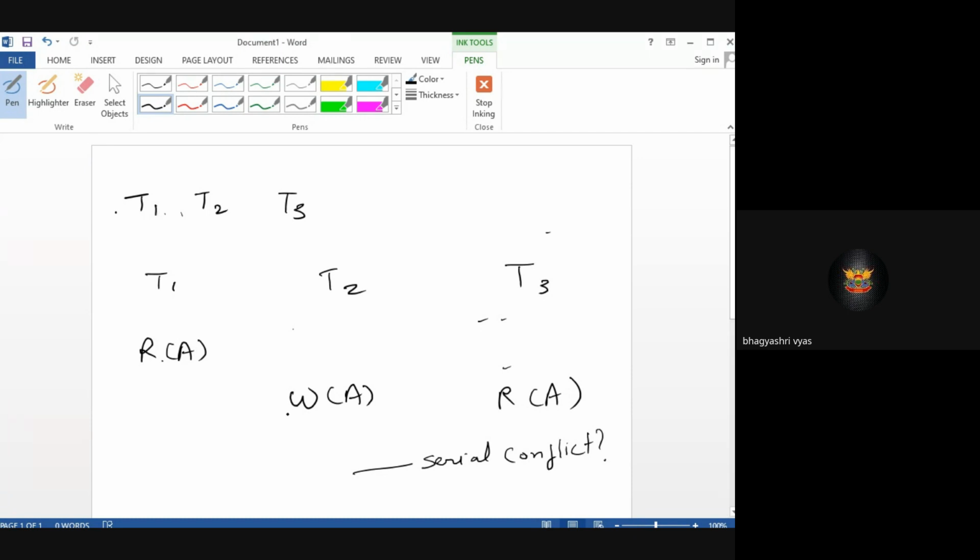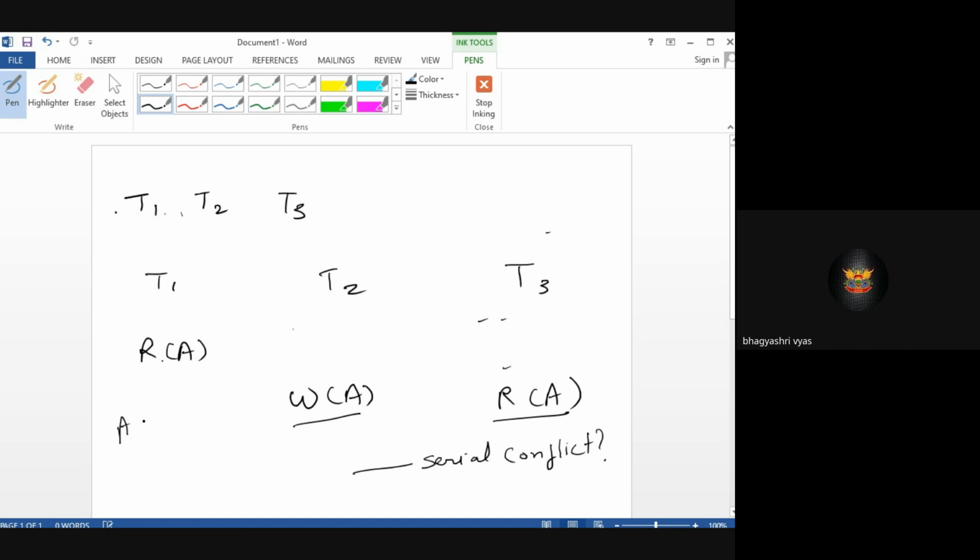Because we can see that a write operation is performed on A, then again a read operation. The write operation is going with the T2 transaction, and at the same time the read operation is going at T3. Due to the write and read operations, we will have different answers.